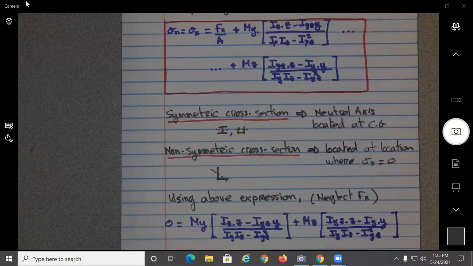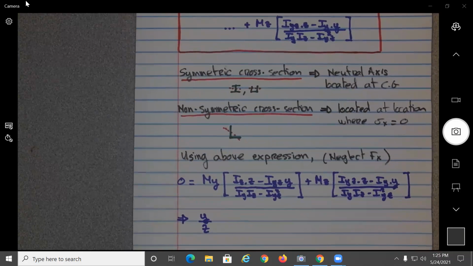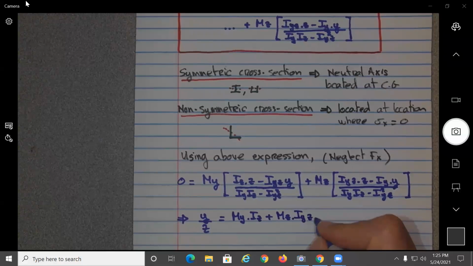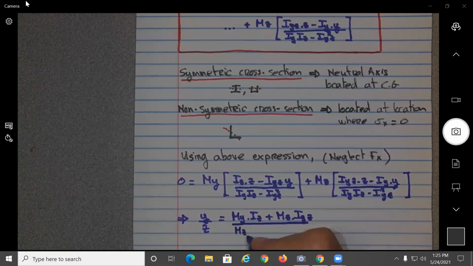Okay, so doing some basic algebra, you find over here that y over z will be equal to My Iz plus Mz Iyz, divided by Mz Iy plus My Iyz.